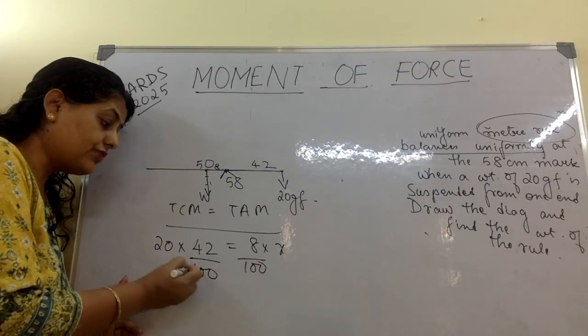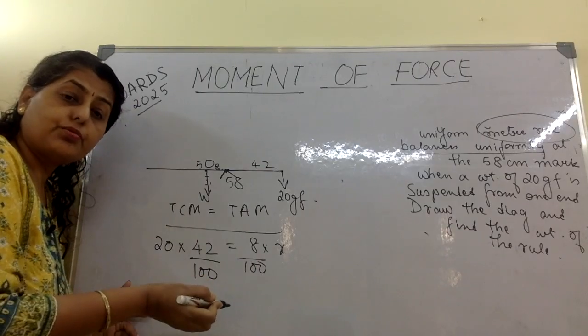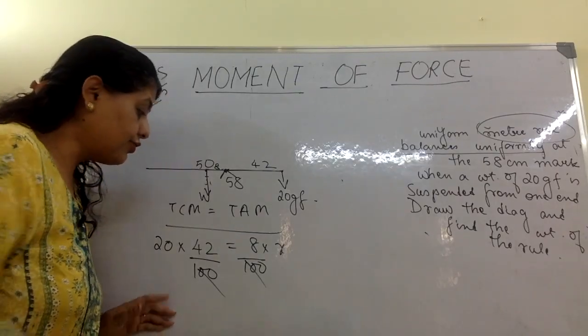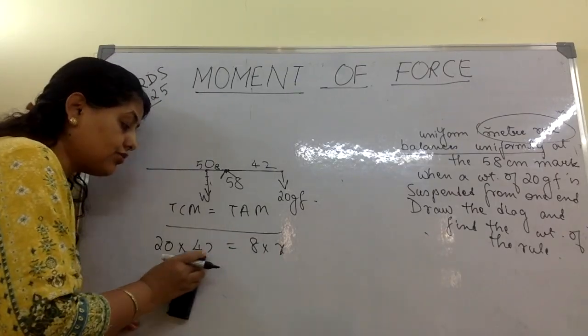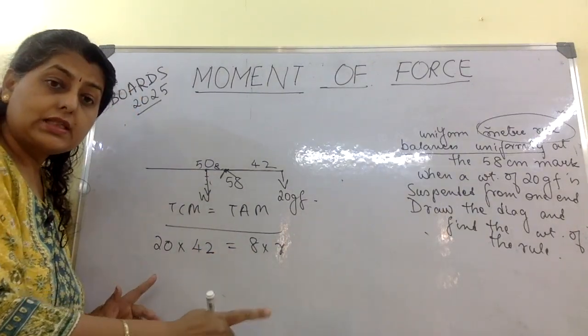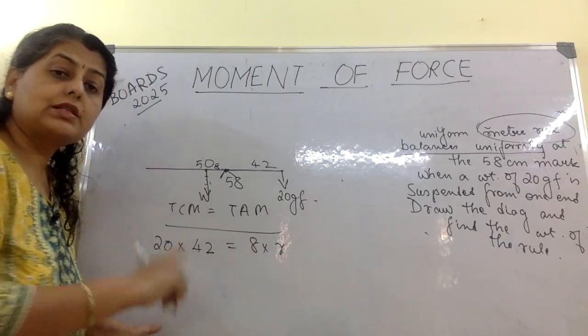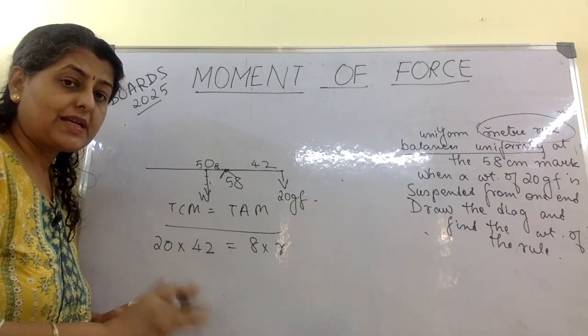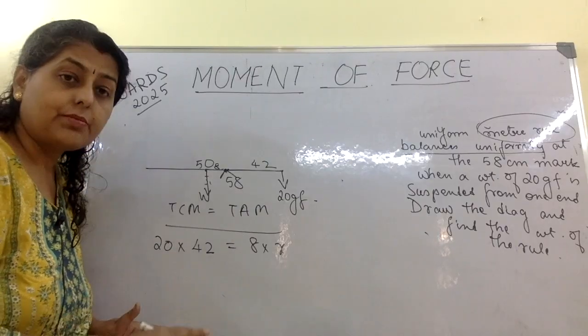But note this, whether you multiply with 100 or you divide with 100, this finally cancels out. So if they give 20 gf, leave it as 20 gf, no need to change anything because you are multiplying both sides. So automatically your answer will come in gf. Anyway, here in this question there was no mismatch. I was telling you something about when there could be a mismatch.